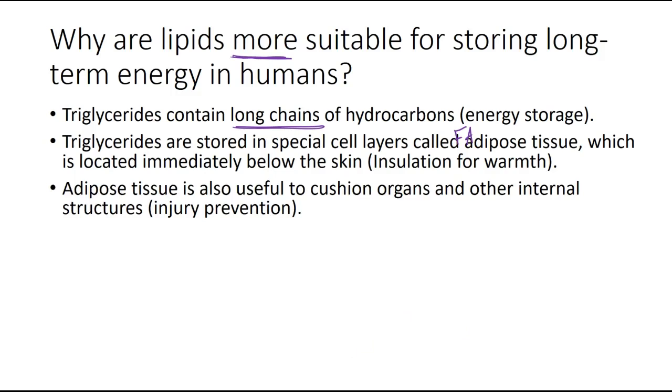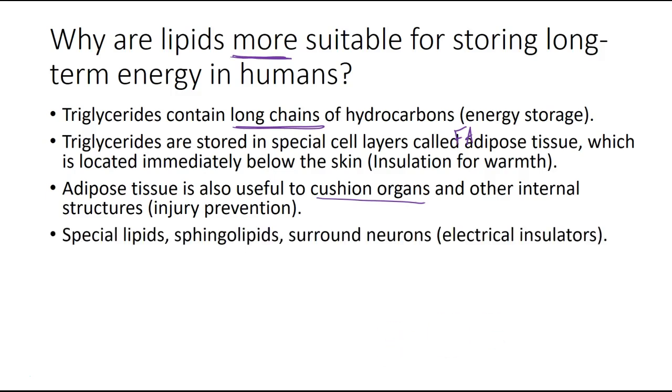Adipose tissue is also important when we talk about cushioning organs from potential impact. We not only keep adipose tissue for long-term energy storage and for insulation to keep us warm, but we also use it in between organs in order to cushion them to prevent damage.